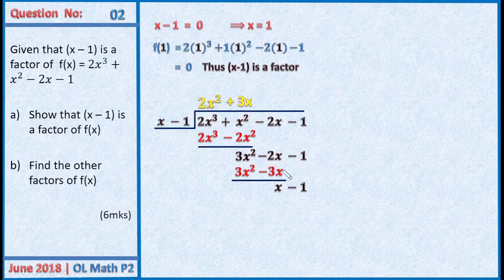Next, x divided by x gives us plus 1. Plus 1 times x gives us x, and plus 1 times minus 1 gives us minus 1.